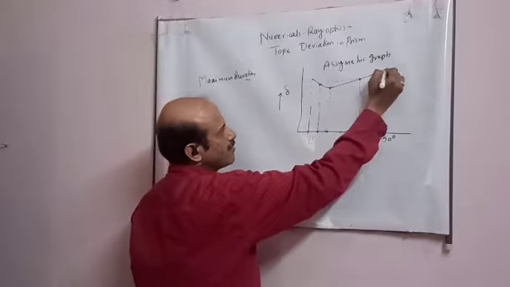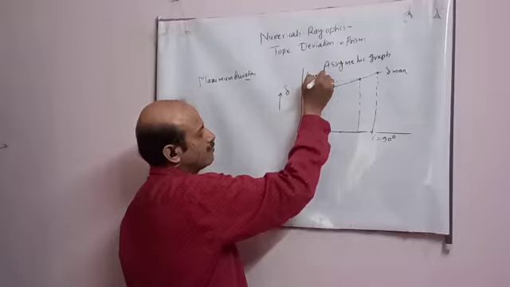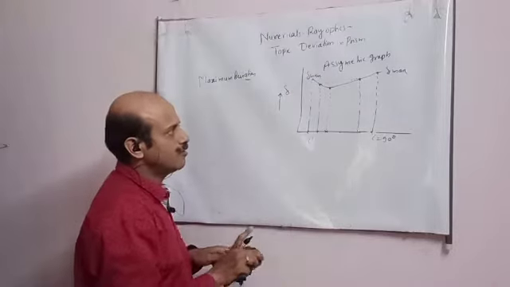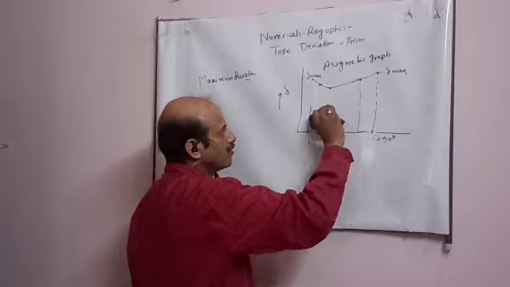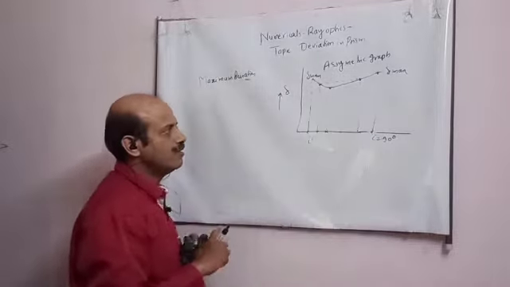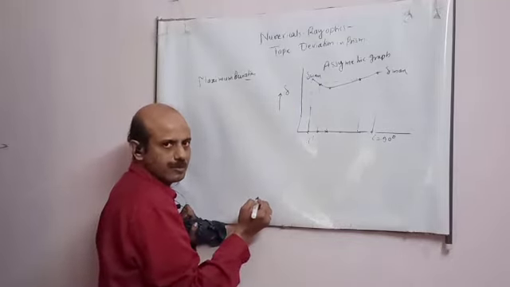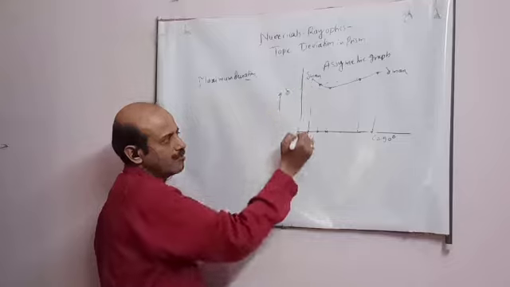This is delta maximum, student. Delta maximum. Now student, one more question arises here. Why is this part of the graph empty? Okay student, why is it not? The curve starts from here, not from 0.